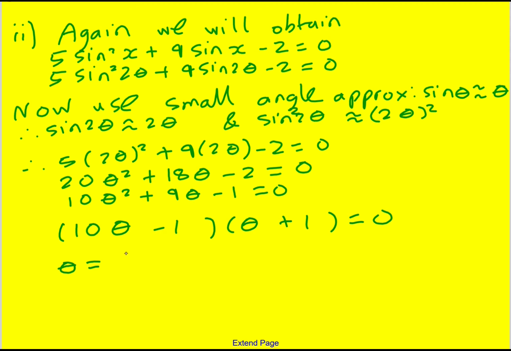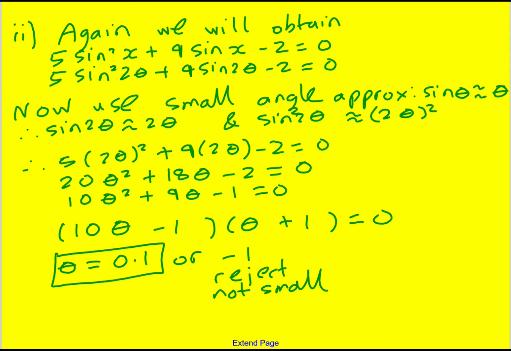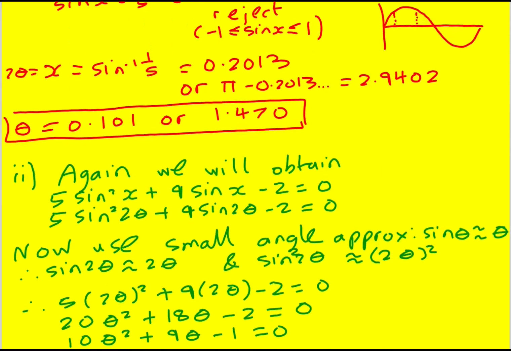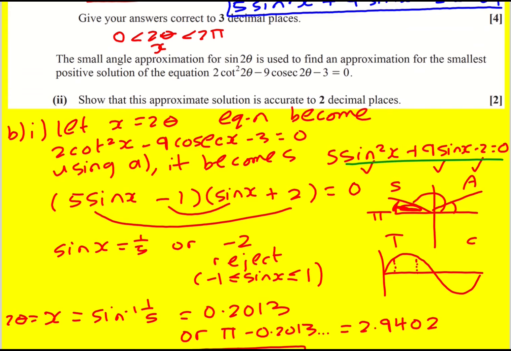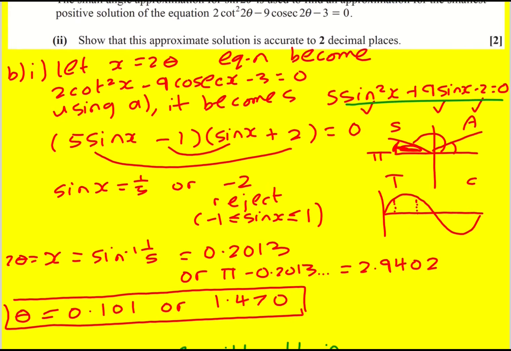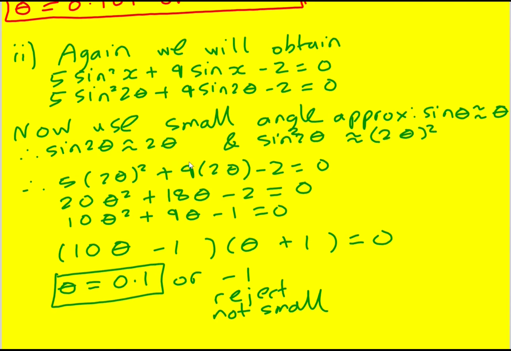If you want to use your calculator here, it's fine. Then we'll get theta is 0.1 or minus 1. I'm going to reject this one because it's not small. So actually, this is my answer. Theta is 0.1.